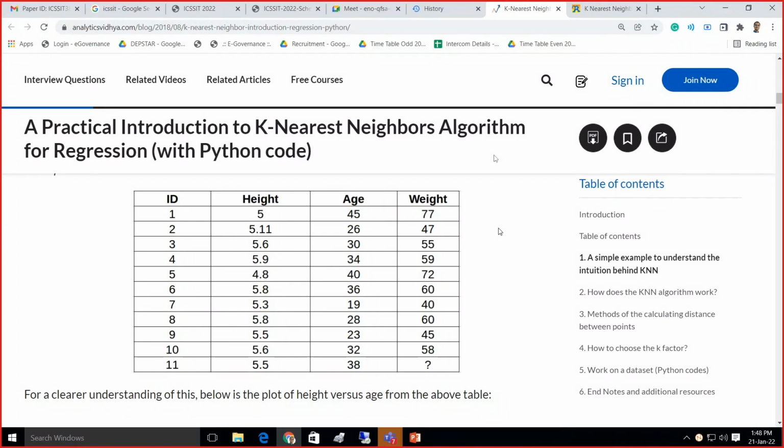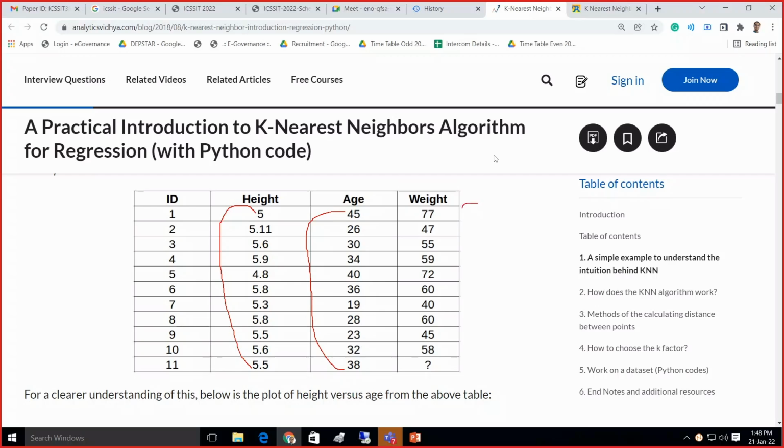Step number 1 and step number 2 are the same, nothing changed, but step number 3 has changed. Step number 1 is to calculate the distance from the unseen sample to the known samples. For this row, the distance is the square root of (5.5 minus 5) whole square plus (38 minus 45) whole square.